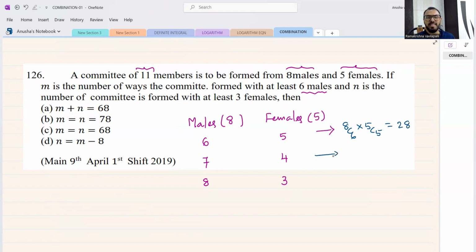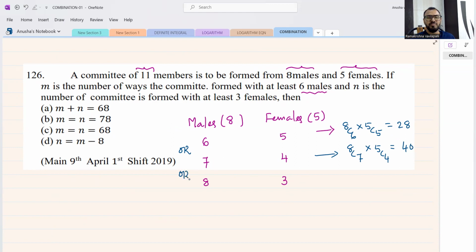For the second case, you have to select 7 males. So 8C7 into 4 females out of 5, 5C4. 8C7 is nothing but 8, 5C4 is nothing but 5, so totally 40.